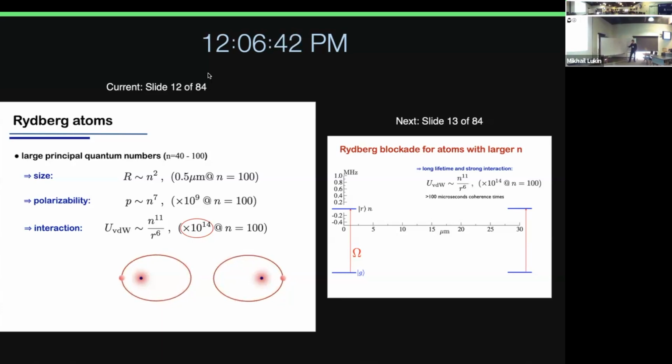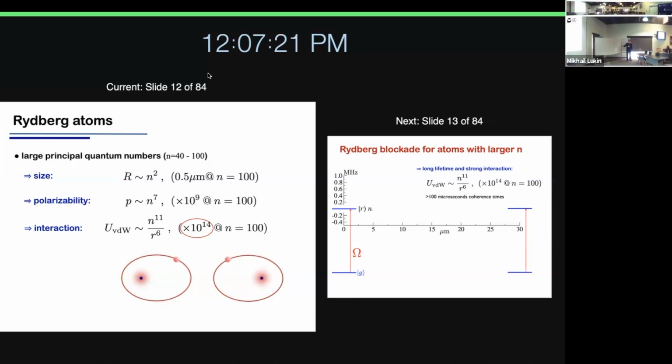This dipole-dipole interaction involves a flip-flop, for example, an S and P. This process is not allowed as is, so you need one atom to go to nP and another to go to n-1, and it's not a resonant process.